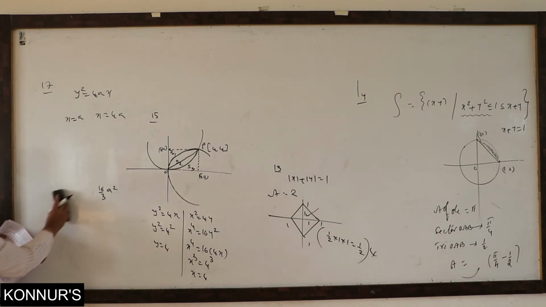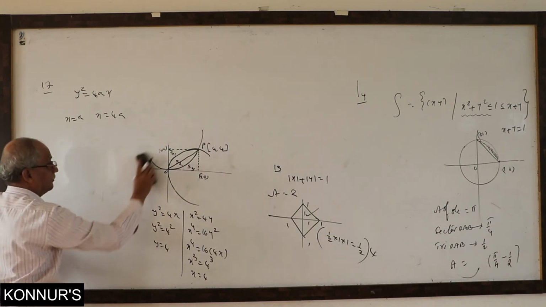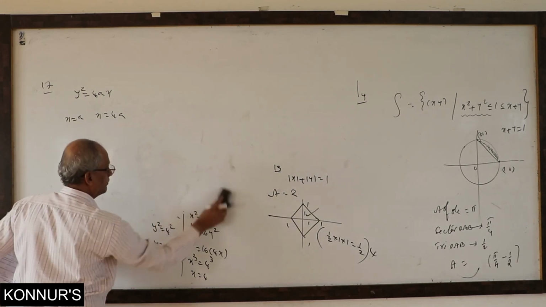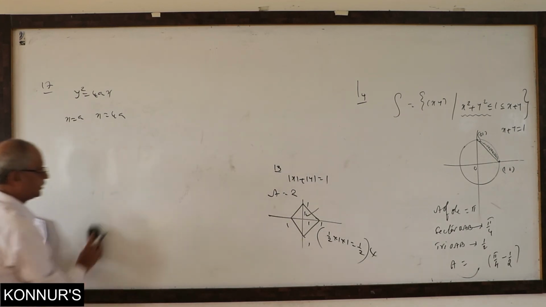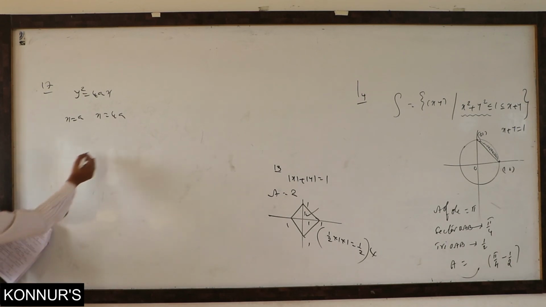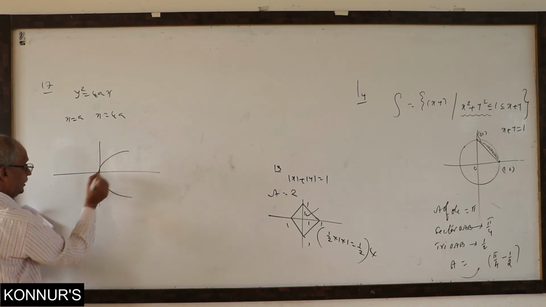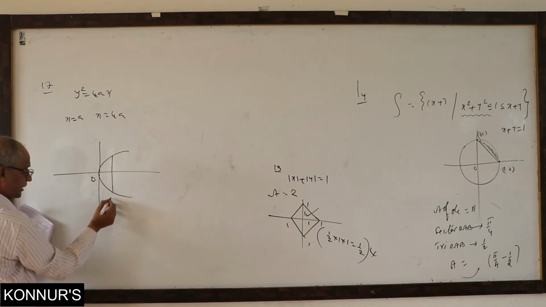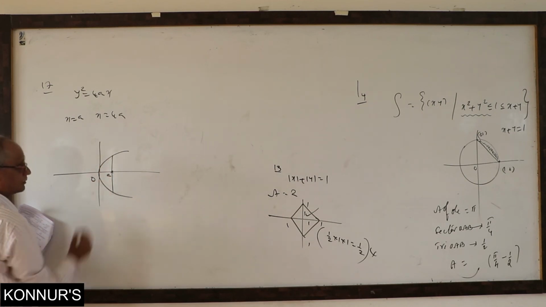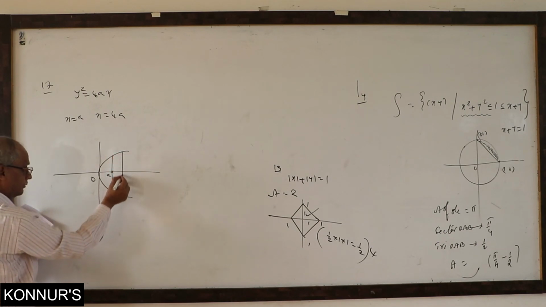Simple limits. First draw the figure: the parabola y square equal to 4ax with the x-axis. x equal to a is parallel to the y-axis at a distance a. x equal to 4a is parallel to the y-axis at a distance of 4a units.